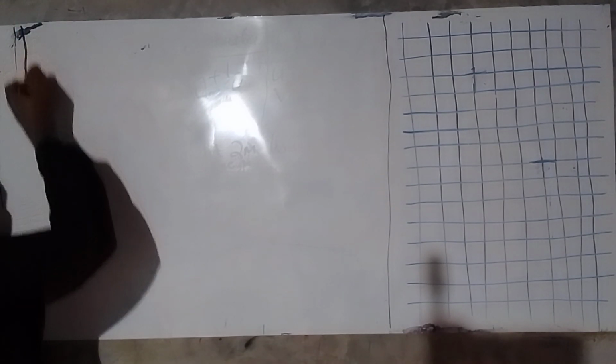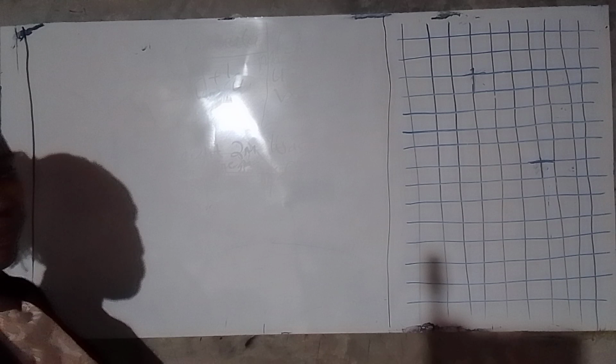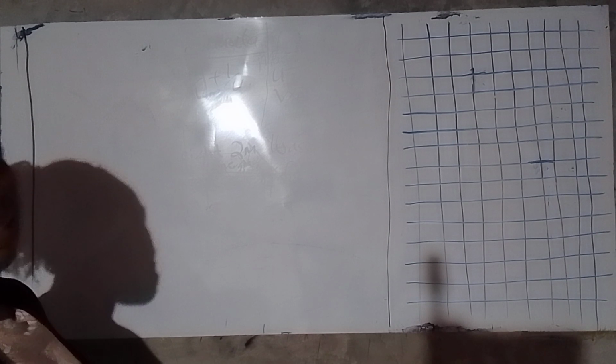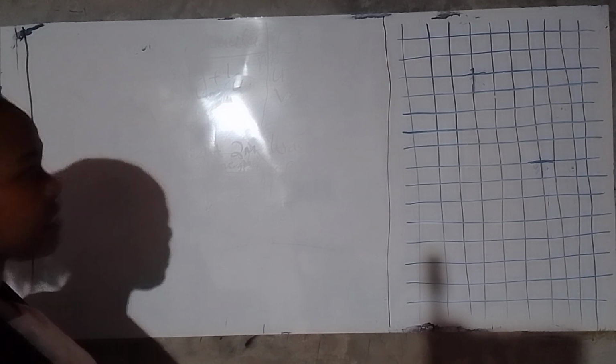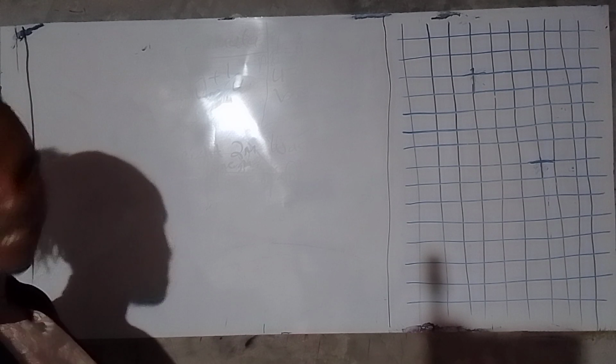Okay, so here we go. So let's take another example, or let's just take yesterday's example and use that example now on a diverging lens.